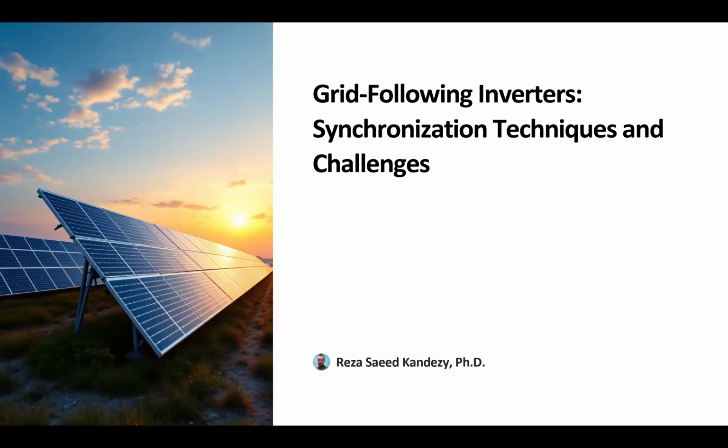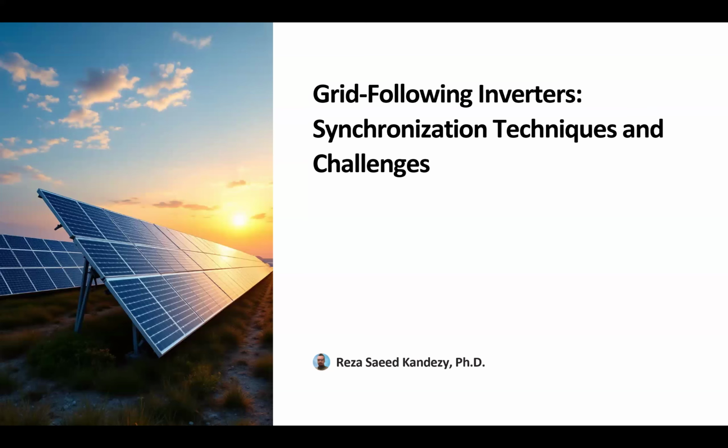So that being said, I want to give you another perspective on this category of grid following and grid forming. Since current, voltage, and power are determined by the load condition, what we mean by grid following and grid forming is basically that frequency aspect. So grid following always follows the grid frequency.